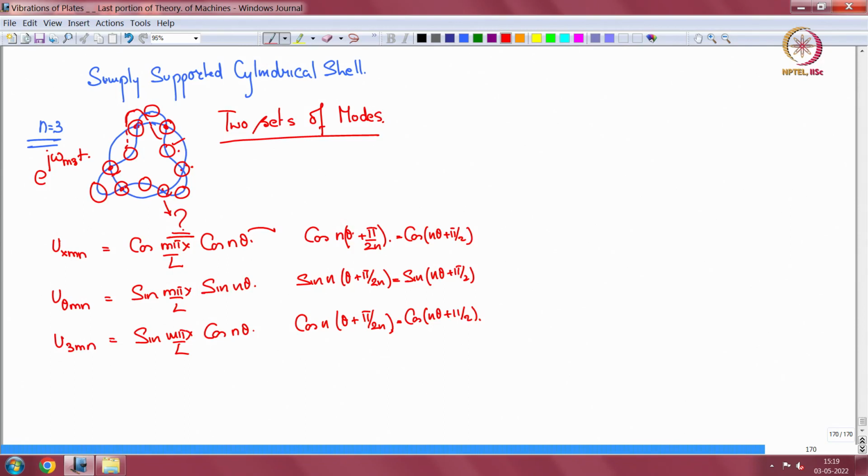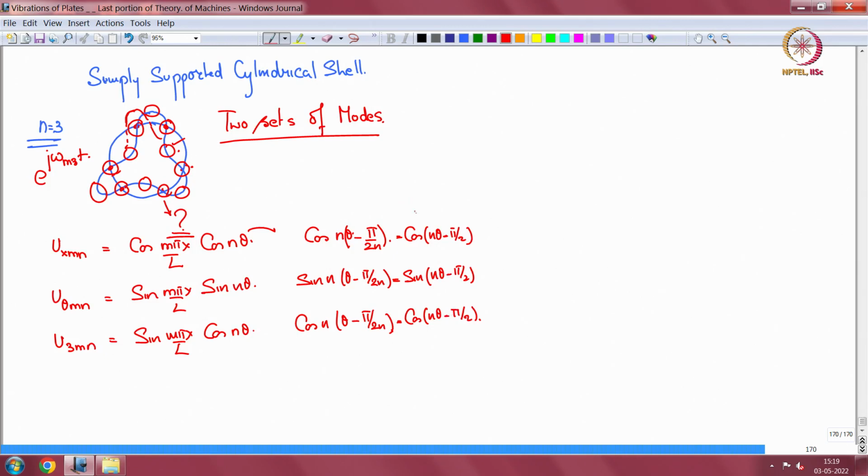So, we will stick with a minus here, as the textbook sticks with a minus, to be consistent with the text. So, minus n theta, minus sin n theta, minus cos n theta minus pi by 2.